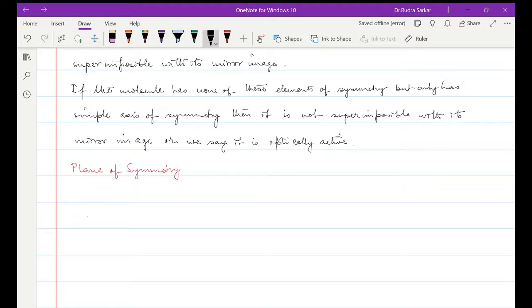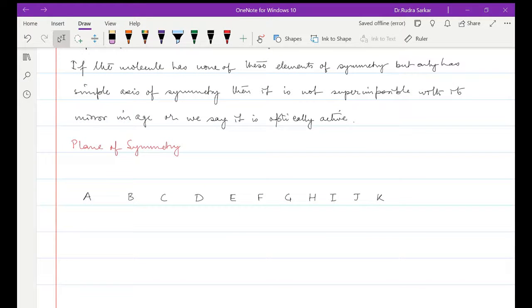Say A, B, C, D, E, F, H, I, J, K, and let us think that we have to pass a line along which we will think that there is a plane lying on it, so that these letters can be divided into two equal halves.